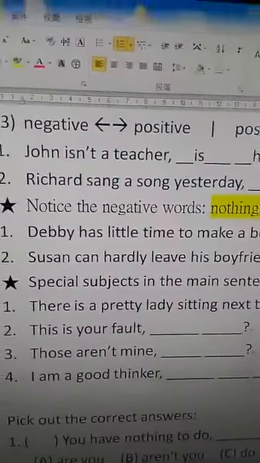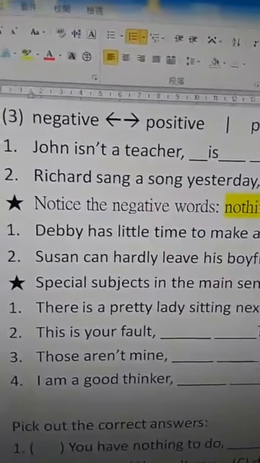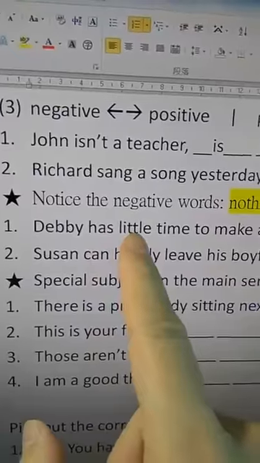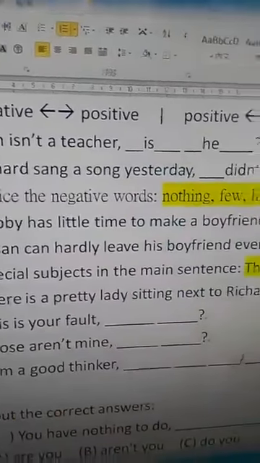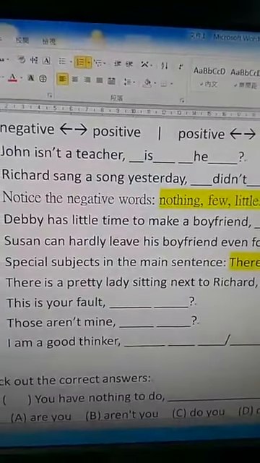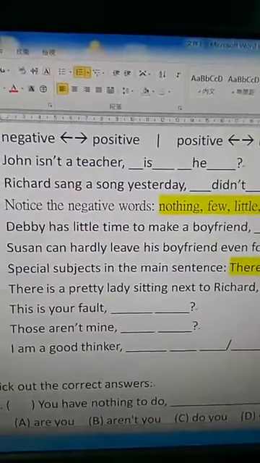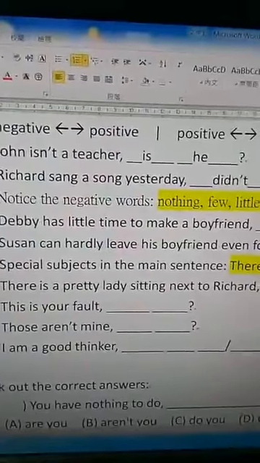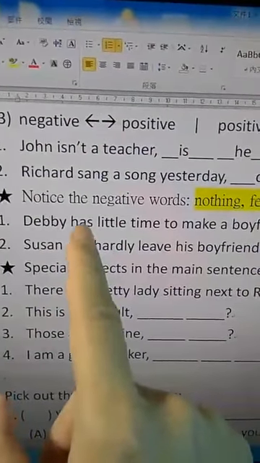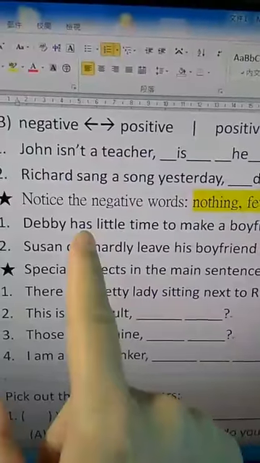So I'll give you 2 example sentences about this. Okay, so let's see sentence 1. Debbie has little time to make a boyfriend. Okay, so can you find it out? What's the answer? Okay, let's pay attention to the tense first. It is the present tense, okay?